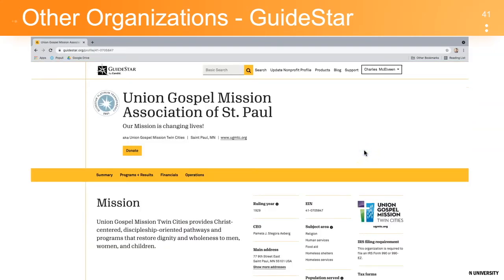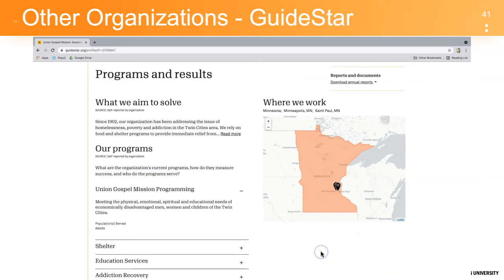And when you go into the website, you can drill down, it can give you a little bit more information of when it began, who the CEO is, and then there's subject areas. So again, this is going to give you a little bit more information as you're looking for a place to research a specific program idea you may have. And here's another page from that same organization. This goes on, by the way, for several screens as I was scrolling through here.